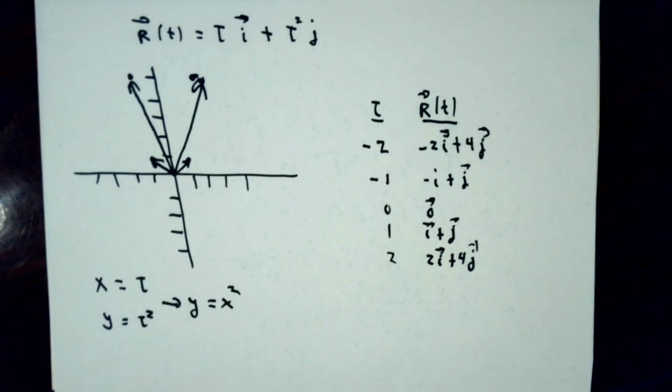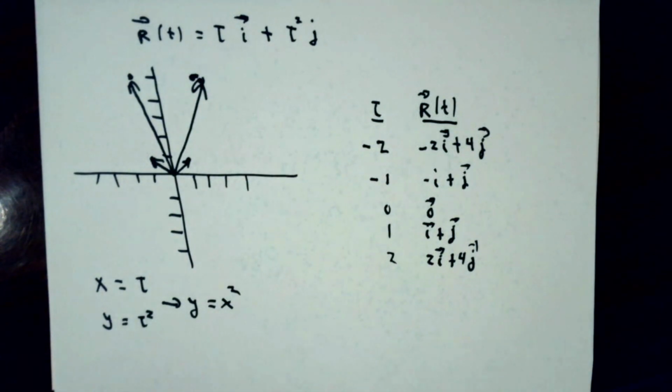The easiest way to visualize this is to do what's called eliminating the parameter, thinking of this as being the x-coordinate of a point, and that as being the y-coordinate. y is t squared. t is the same thing as x, though, so y is the same thing as x squared.